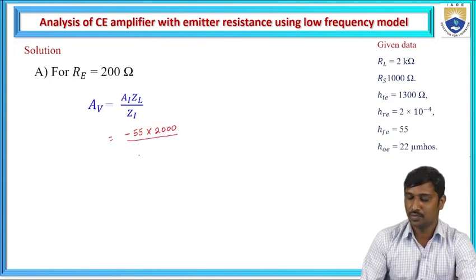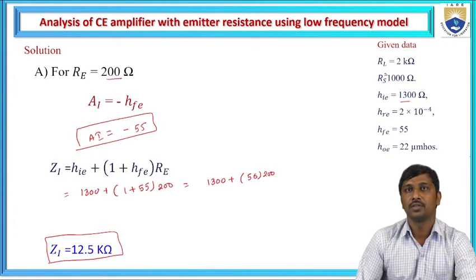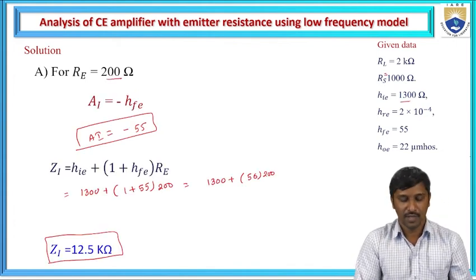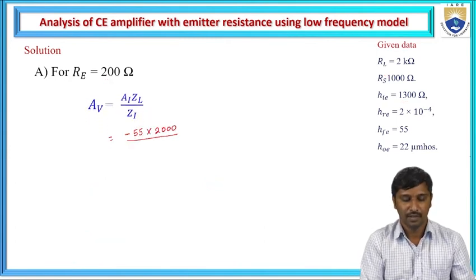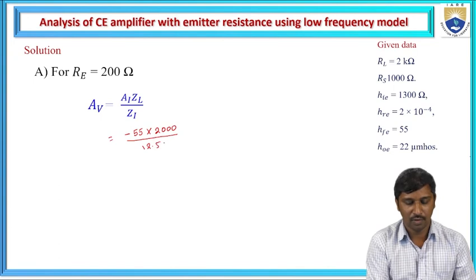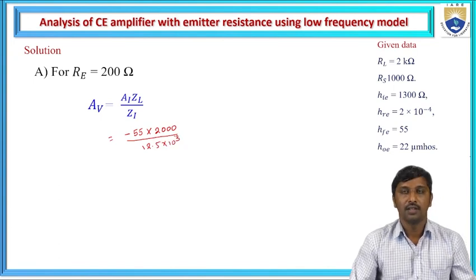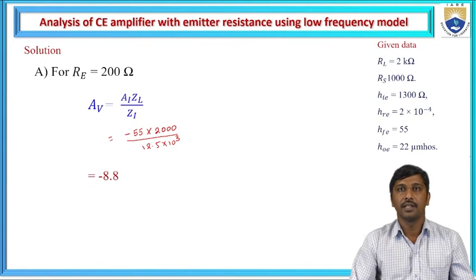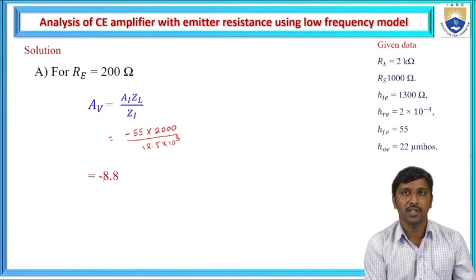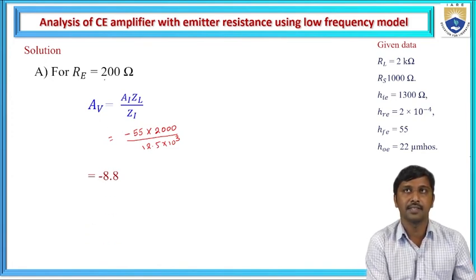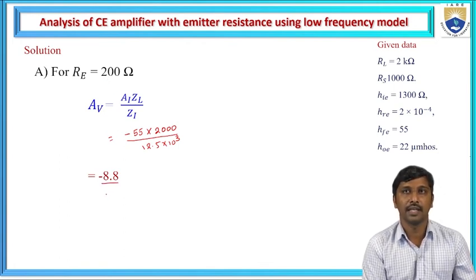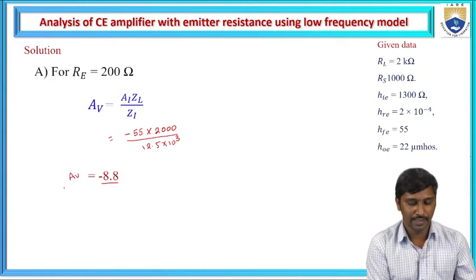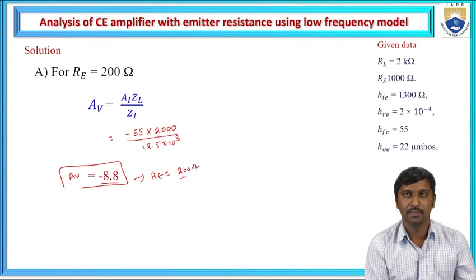Just now we observed the ZI value, 12.5 kilo ohms, means 12.5 into 10 to the power of 3. Now you can solve this ratio. It gives the voltage gain for this common emitter amplifier when the emitter resistance is 200 ohms, that is minus 8.8. So this is the voltage gain when RE is 200 ohms.